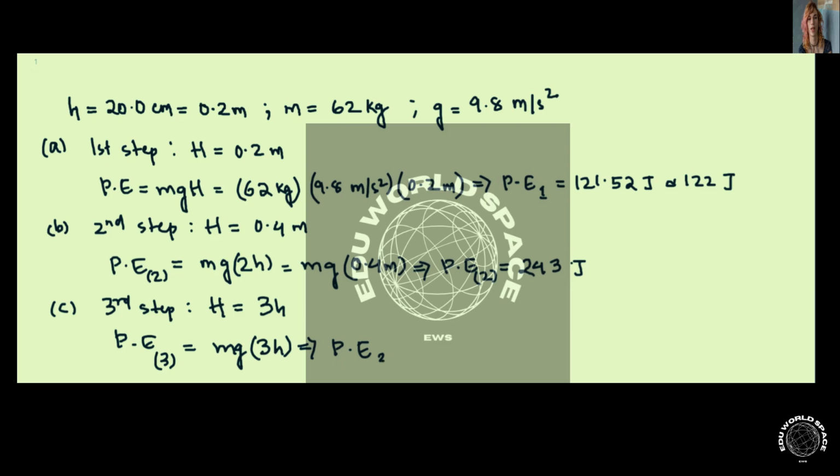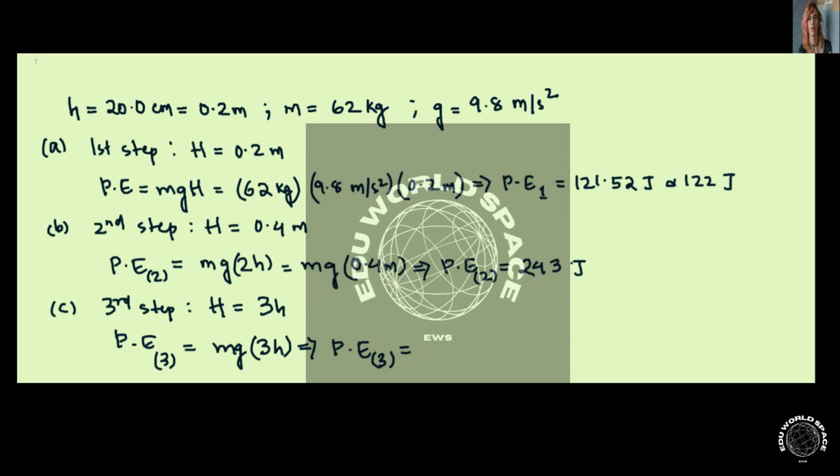So when we do the calculation, one way of making the calculations easy will be, instead of finding the height capital H every time and doing this whole calculation m times g times h, we'll see that with every step this is a common factor, PE1.